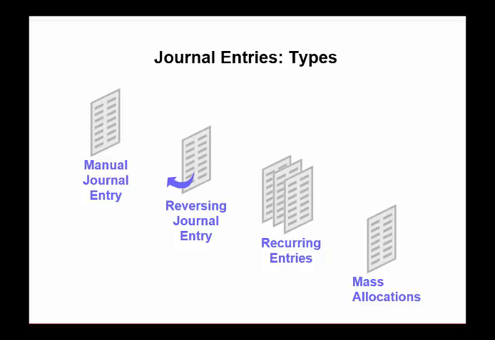I can also post things, as we said, to a future enterable period. So with reversing, you want to change the posting from the current to a future enterable period, because that's when the actual service or particular product, for example, will be bought or sold.